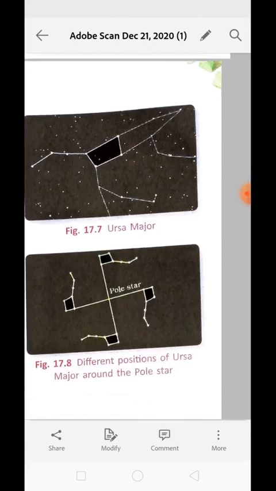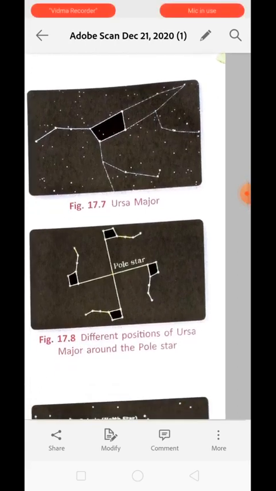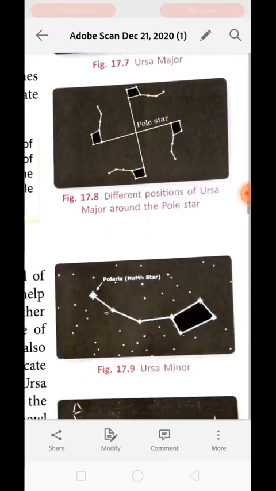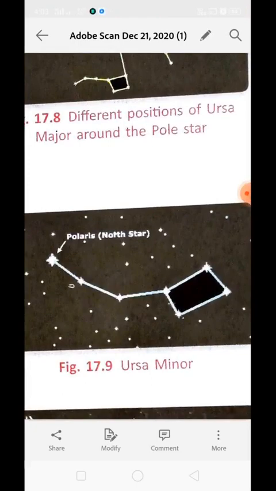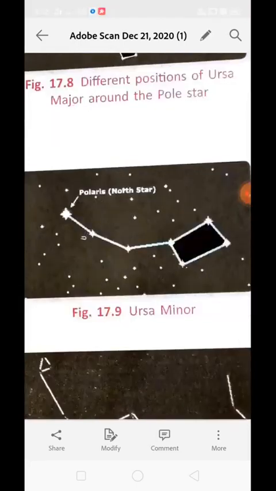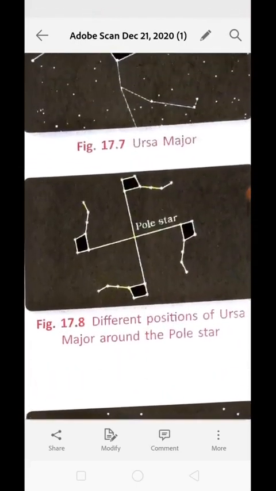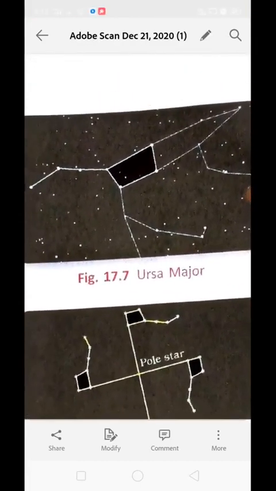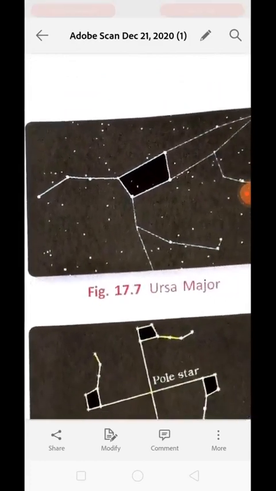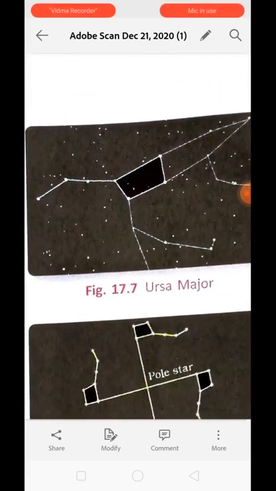Now the next is Ursa Minor. See over here, this is Ursa Minor. The two big and bright stars at the end of the bowl of the ladle of Ursa Major are helpful in locating the position of the Ursa Minor constellation.